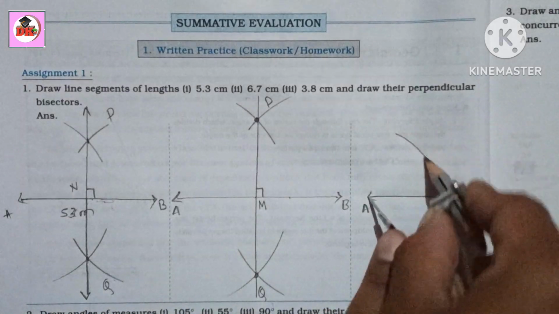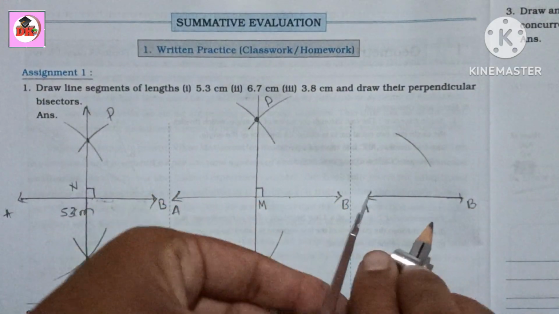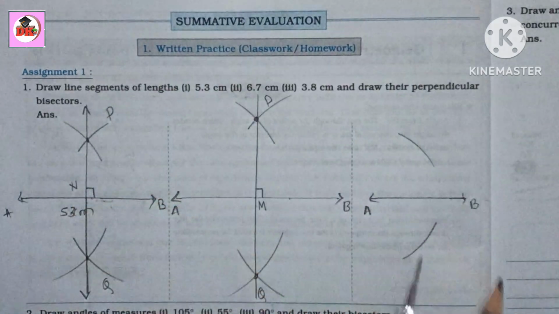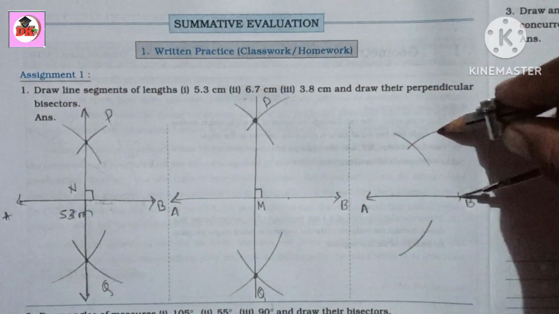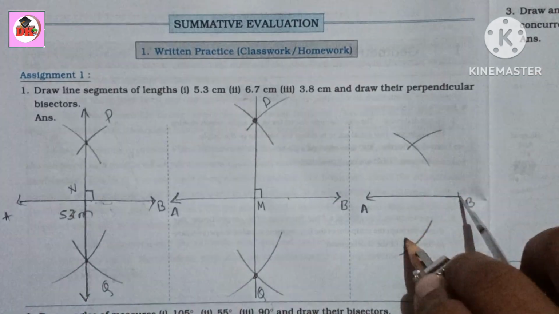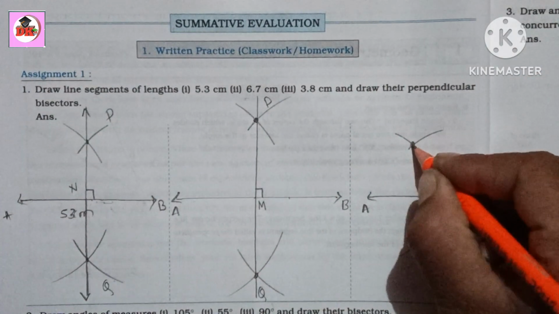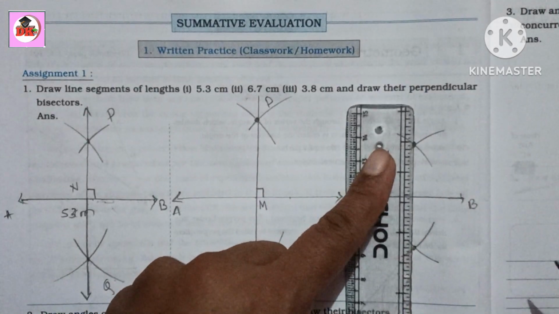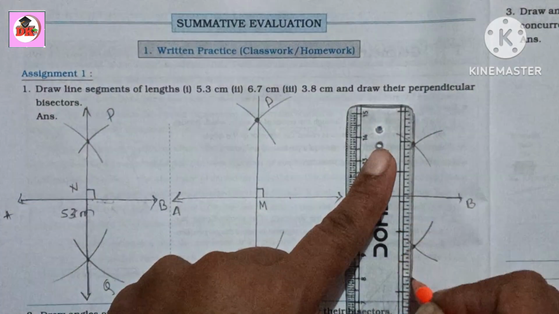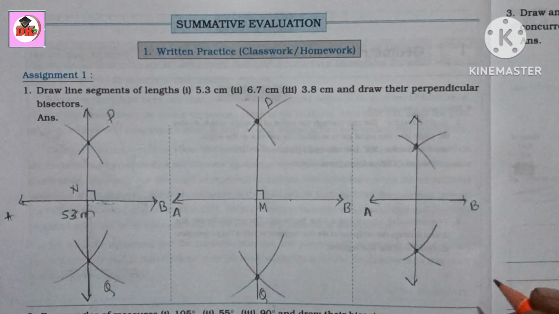I draw one arc on the upper side and the down side also, and put on the B side and draw another arc like this. I have 2 points here. Please join these 2 points.